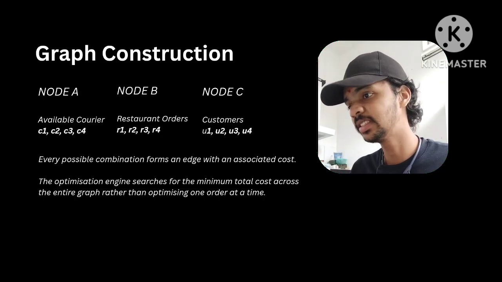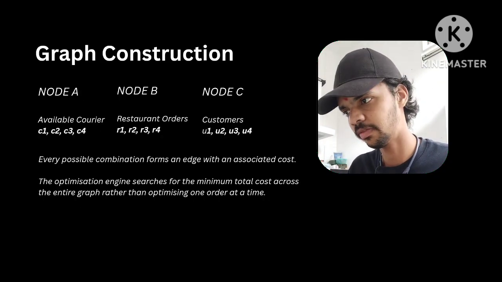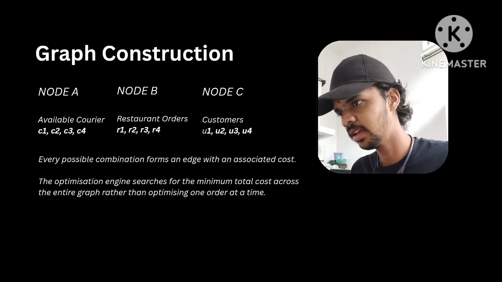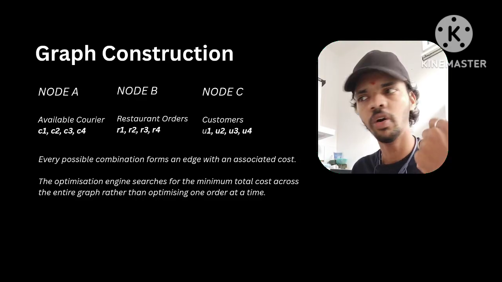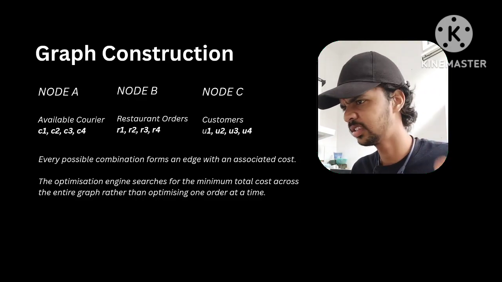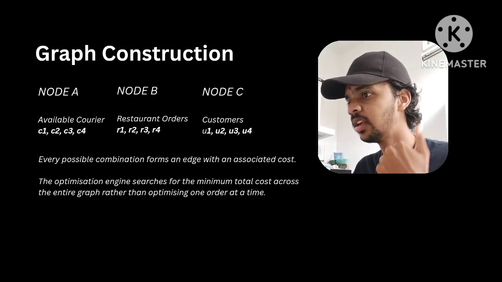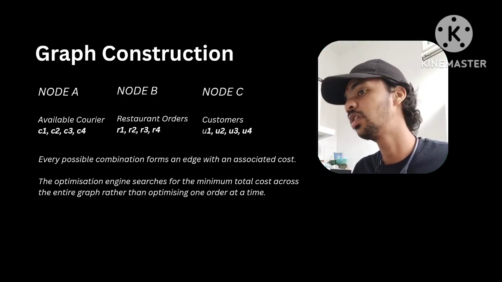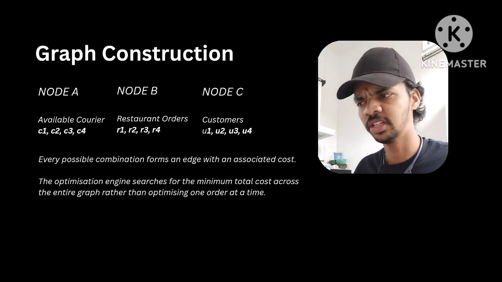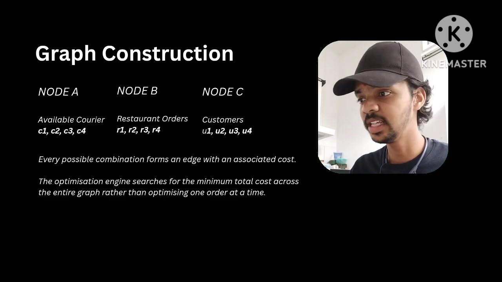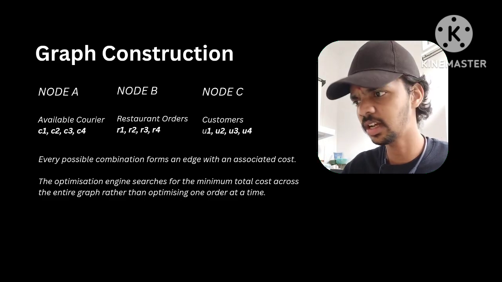Every 5 to 10 seconds, the engine builds a graph. Let's say node A is the available couriers on bike, scooter, car, cycle, all of them. Then there is node B, which is active orders at the restaurant with estimated kitchen completion times. Then there is node C, which is the delivery destination, the customer.